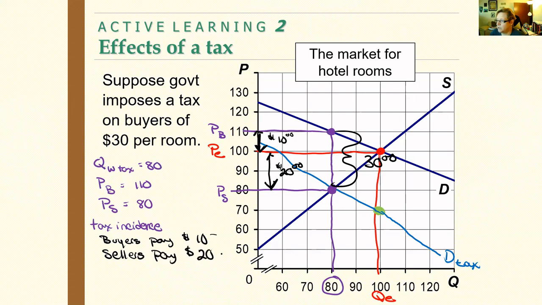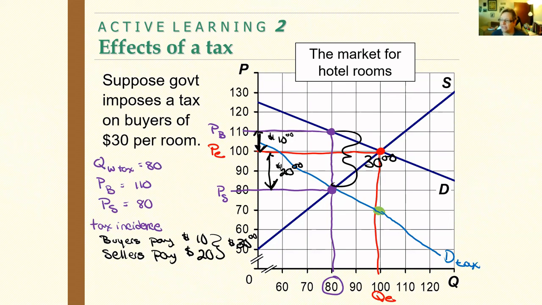Again, this should add up to your tax of $30. Now what I want to say here is remember that we said in our first couple of objectives that the more inelastic side of the market always pays a higher tax. Looking at this graph, it's difficult to tell which one, buyers or suppliers, is more inelastic than the other.